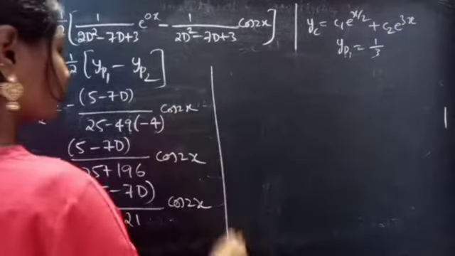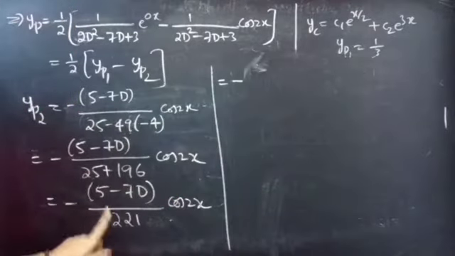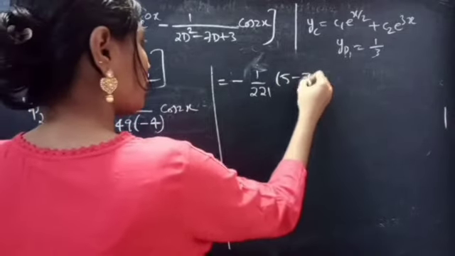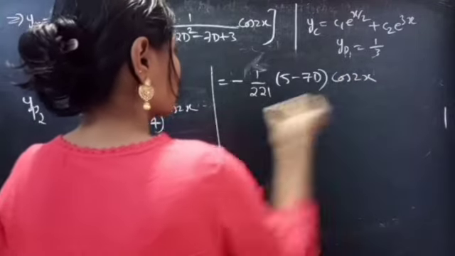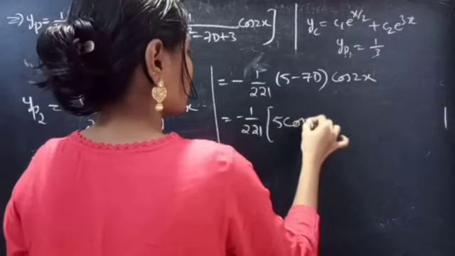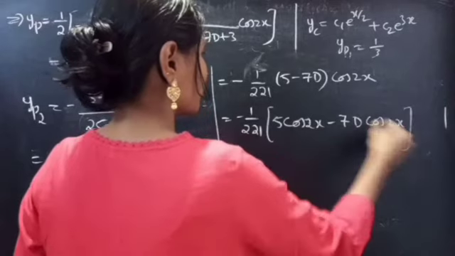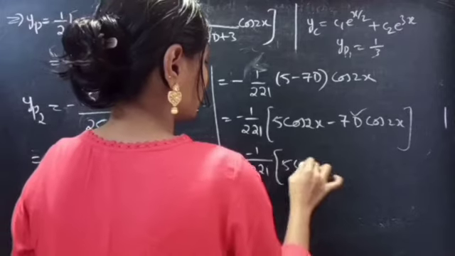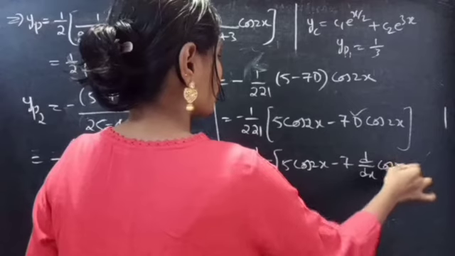This becomes minus of, you can just split this as 1 by 221 into (5 - 7D) into cos 2x, which equals -1 by 221 into (5 cos 2x - 7D cos 2x). Here D is a differential operator, so we can write it as d by dx of cos 2x.